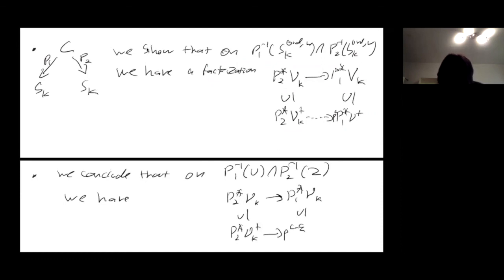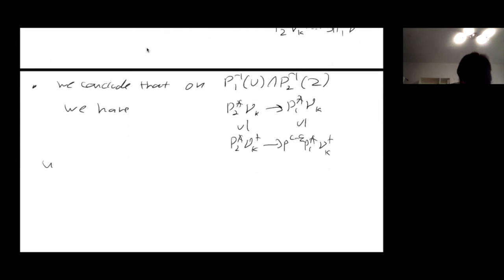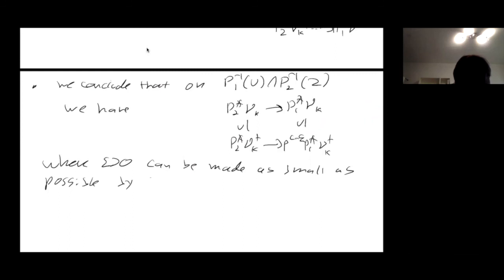So p to the c minus epsilon. Where this epsilon greater than 0 can be made as small as possible by shrinking this locally closed U intersect Z. And so the idea is we really only have to understand what's going on over the ordinary locus anyways. And that's actually, as I'm going to explain in a sec, not a very hard problem.